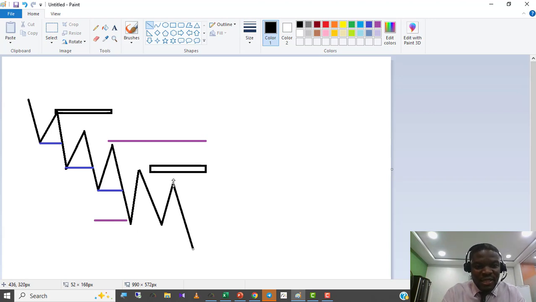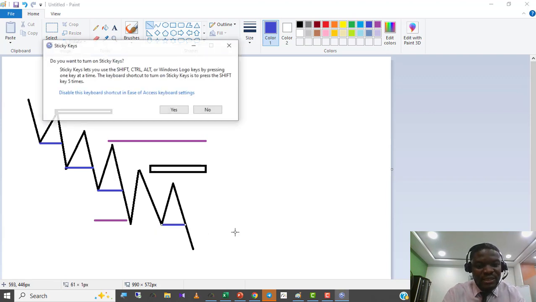Now, remember, now that it has traded to the downside, there's already another break of structure. Don't forget, there's another break of structure again. So at this point here, there is a break of structure there. Okay, there's a break of structure there, right?